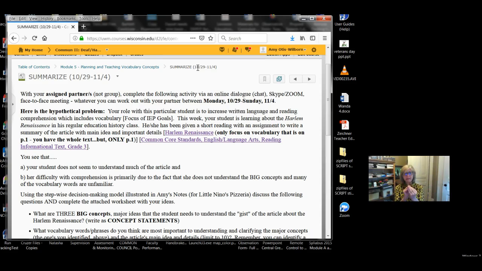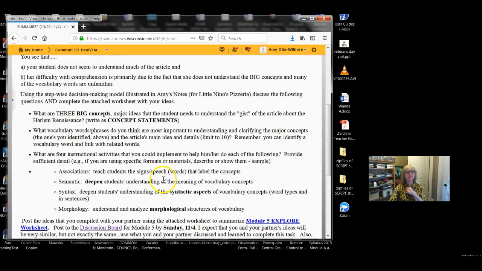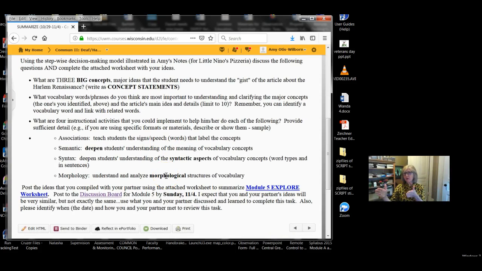So you want to meet. I think you probably need to prepare, so read the text. It is the Harlem Renaissance, and it's about a third grade reading. And you follow the process, just the same as I showed you in the example.